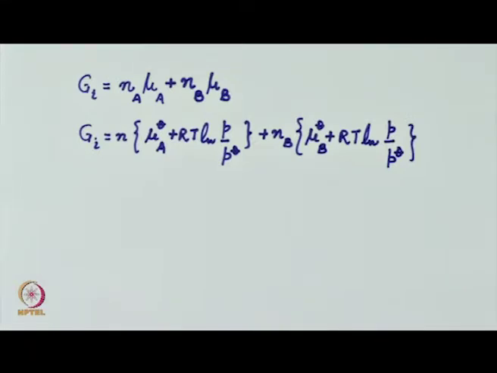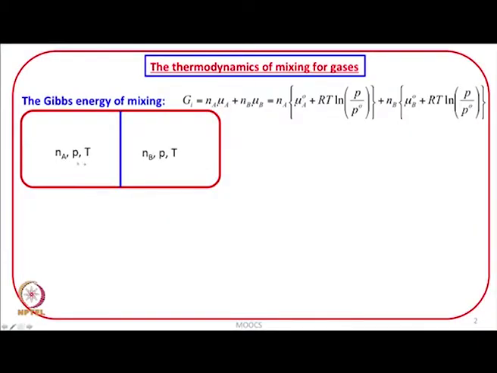Now, let us allow these gases to mix. Let us take a look at the figure. What we have done is that when these gases were not mixed, then the total initial Gibbs function is Na times mu A plus Nb times mu B, and since pressure is same on both sides, for mu A we have written mu A naught plus RT log P by P naught plus Nb into mu B naught plus RT log P by P naught.